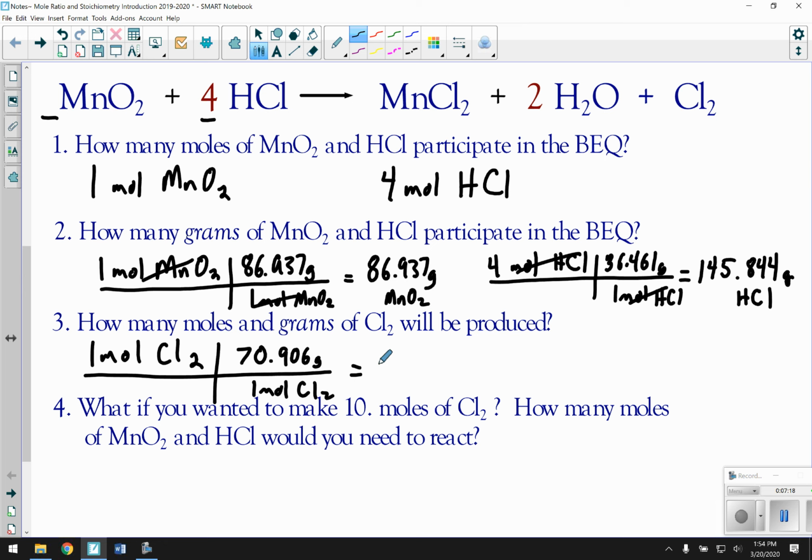The way this chemical reaction is written, we would make 70.906 grams of chlorine. So you see, guys, how we just use this mole ratio to determine the amount of chlorine we could make.